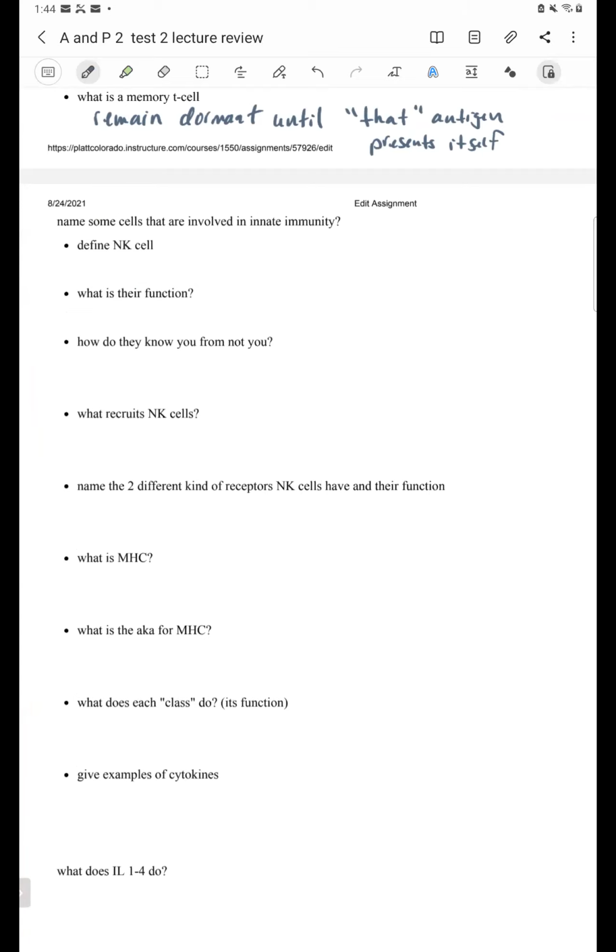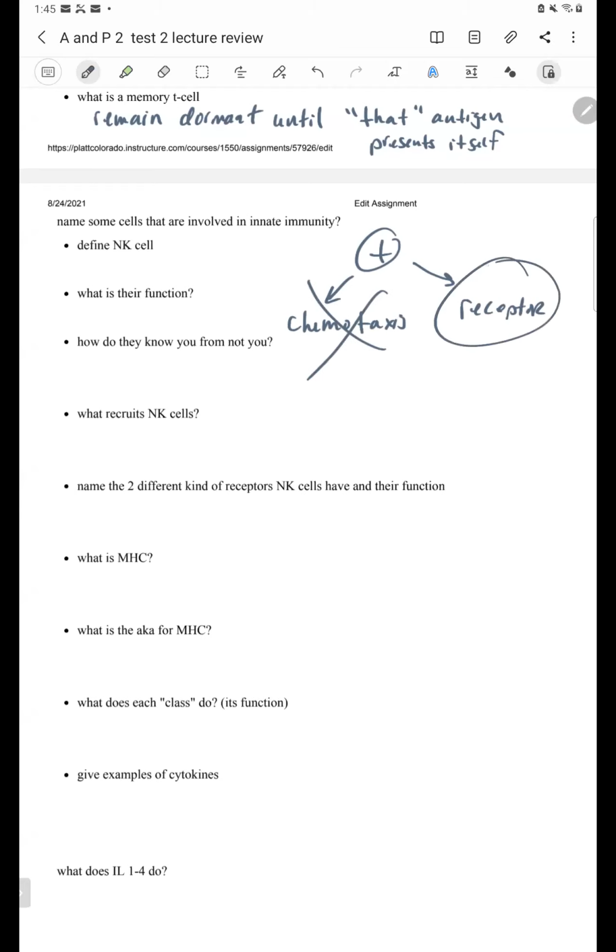For example, they do not require to be activated in order to kill cells. Be careful with this word activation. There are two types of activation: chemotaxis activation and receptor activation. They don't really use the chemotaxis version, they use their receptor version.